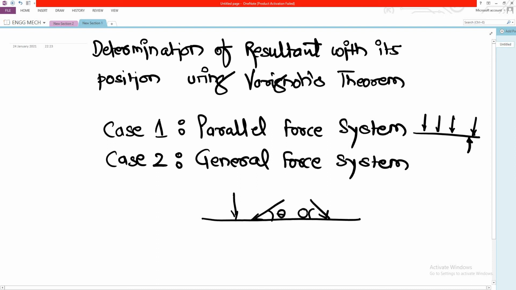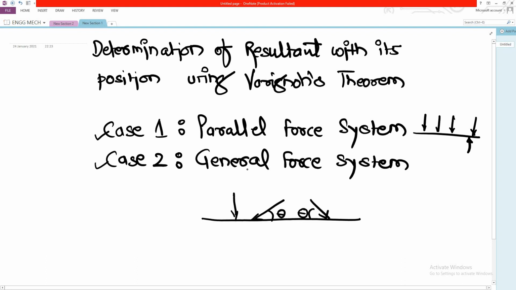Therefore, while going for determination of resultant, in either case 1 or case 2, the first step in determination of resultant by using Varignon's theorem is to determine the magnitude of the resultant, and then the position of the resultant, that is, whether it is going upward or downward or whether it is belonging to some specific quadrant.